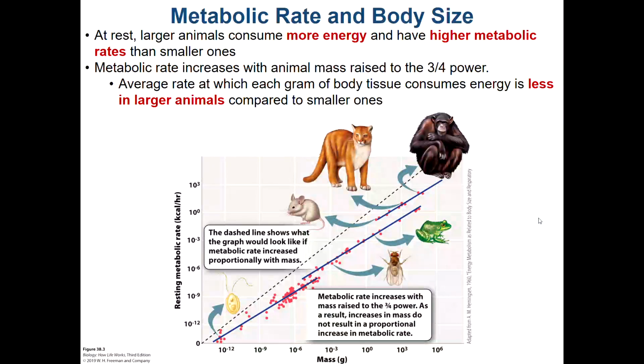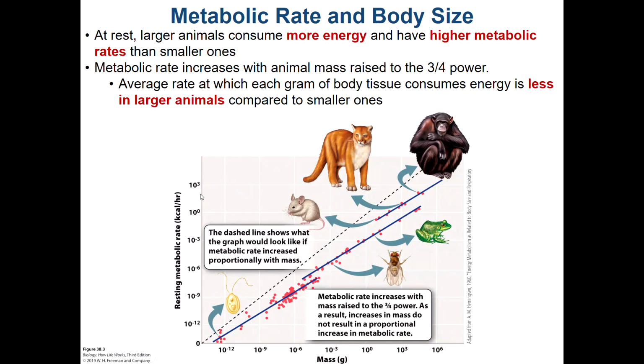So how is metabolic rate affected by body size? At rest, larger animals consume more energy and have higher metabolic rates than smaller animals, which you can see in this figure below. On our x-axis, we have our mass in grams, so we go from something very small, such as a single-celled organism, to something very large, such as a chimpanzee.